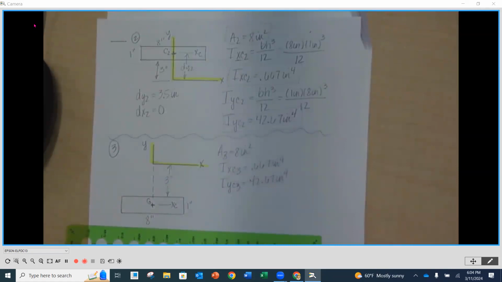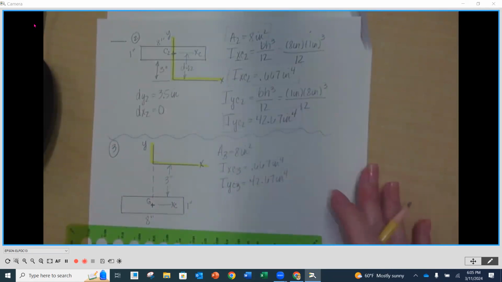Does everybody see why that is? It's still the base times the height cubed divided by 12 about its individual centroidal axis. Because they're the same size shape, their area and their moments of inertia will be the same. Now, if it was rotated in a different orientation, then they wouldn't be. But in this case, they're sitting horizontally exactly the same except top and bottom.